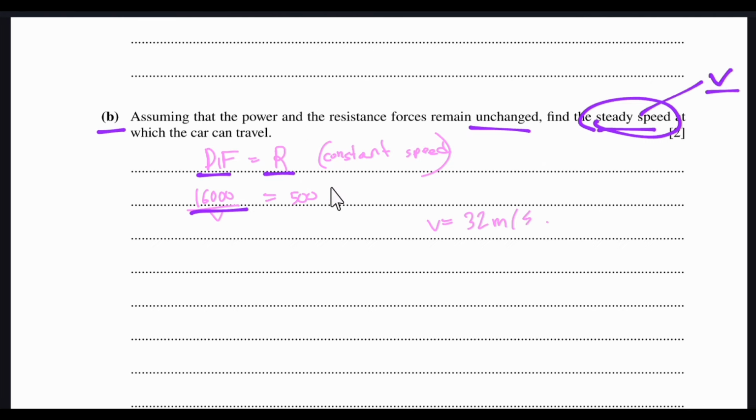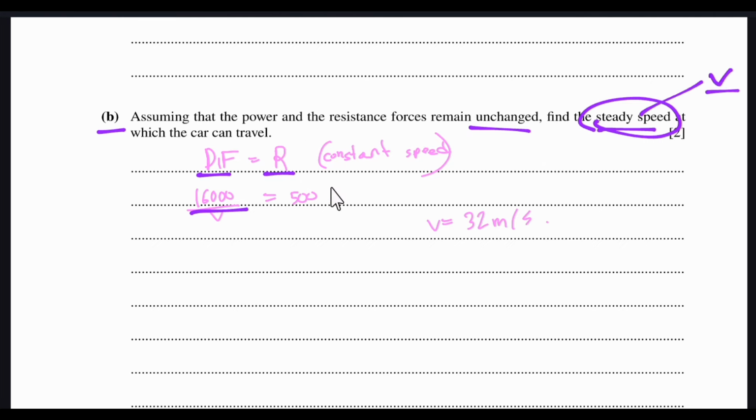To find the value of speed at the top of the hill, we can use the energy method, that is the work energy method: work done by driving force plus kinetic energy at the bottom. Since at the bottom we have only kinetic energy and gravitational potential energy is 0, this is equal to the kinetic energy at the top, so we can thus find the velocity, plus gravitational potential energy at the top, and the work done against resistance, and we know the value of work done against resistance, that is this value.